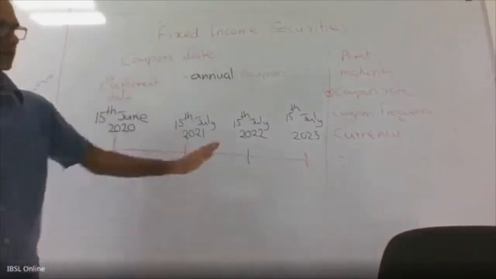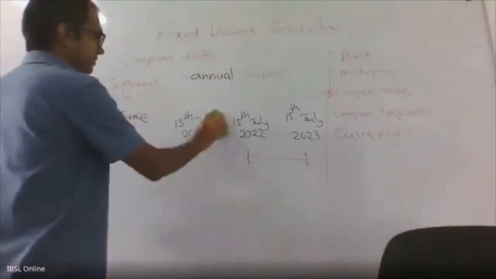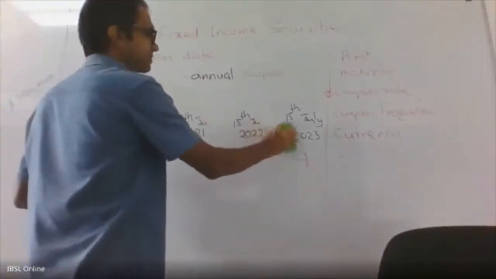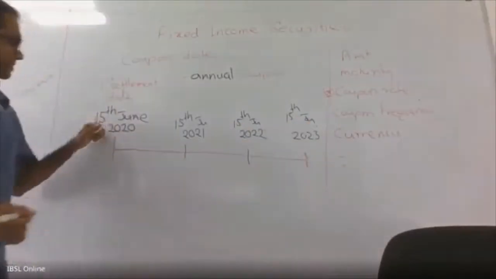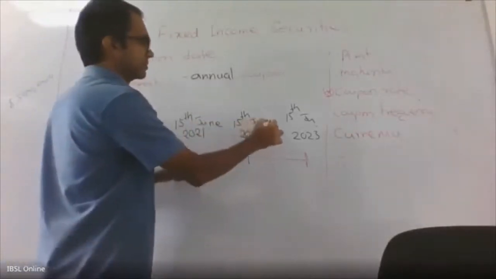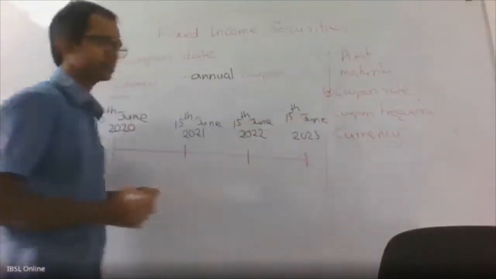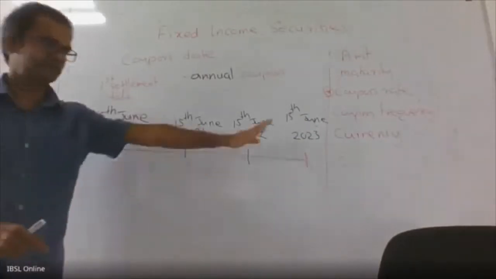Sorry, the first settlement is 15 June, so this is June and everything would be June. Sorry about that. This is 15th June, then coupon payments will be in June, same month, same date every year.